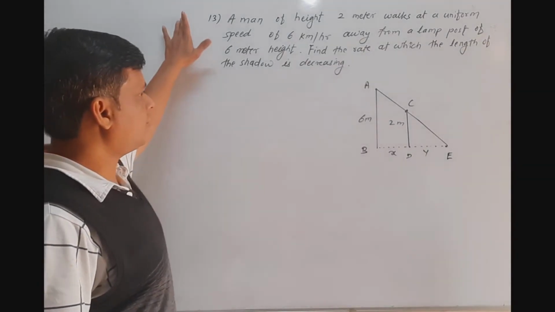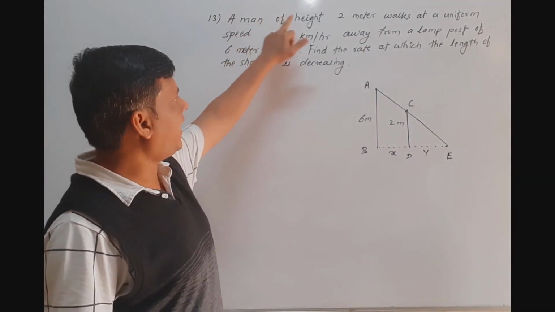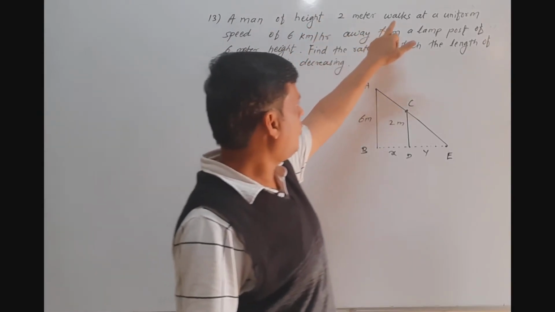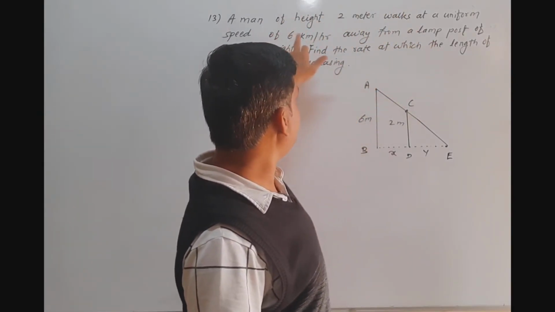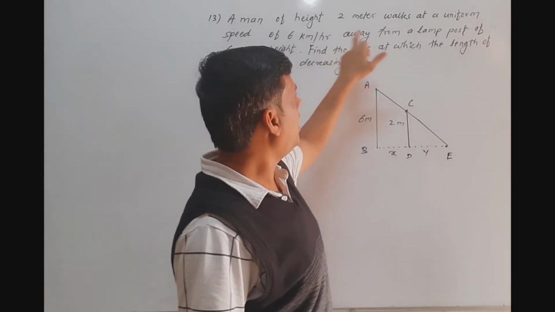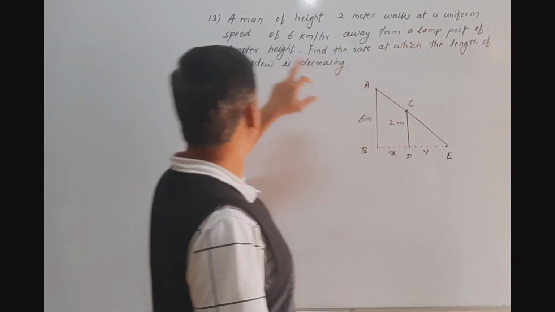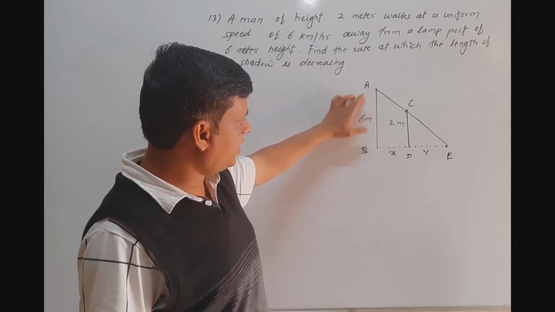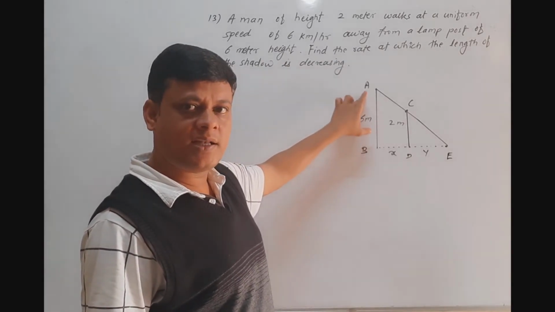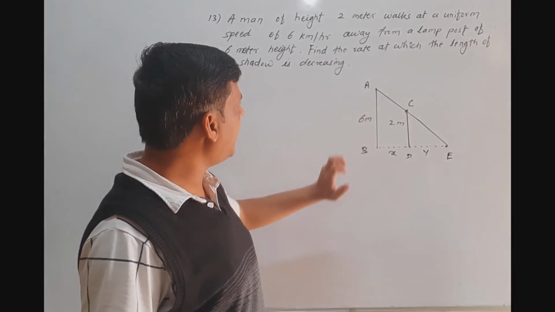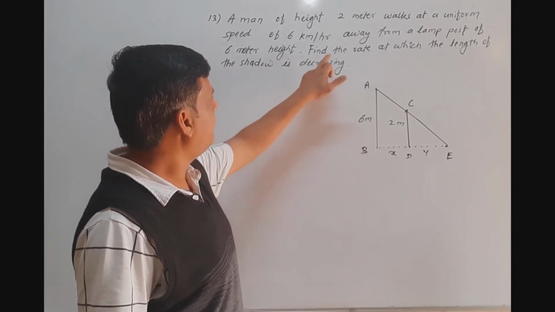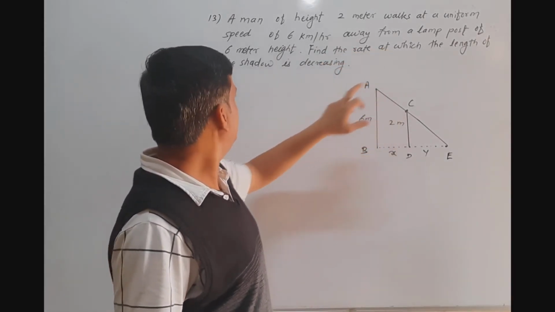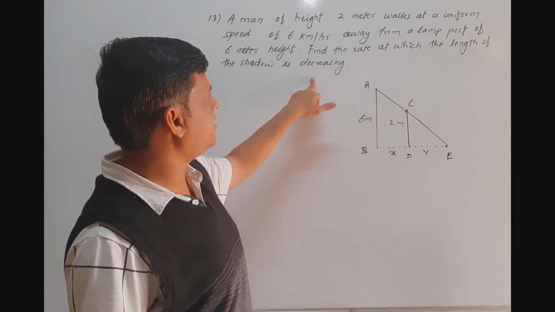Now see the next question. A man of height 2 meter walks at a uniform speed of 6 km per hour away from a lamp post of 6 meter height. Find the rate at which the length of shadow is decreasing.